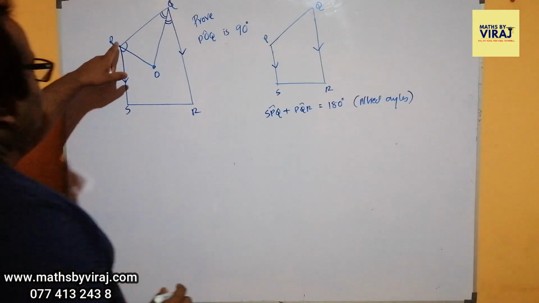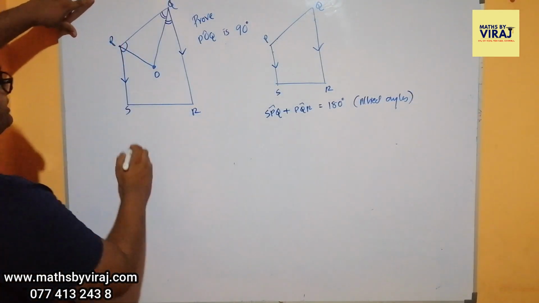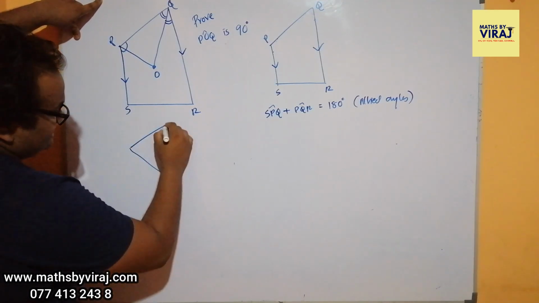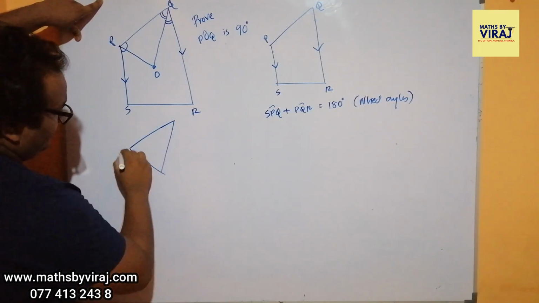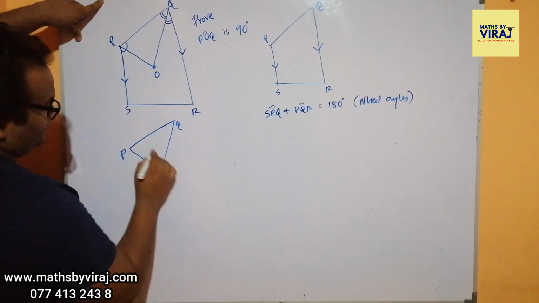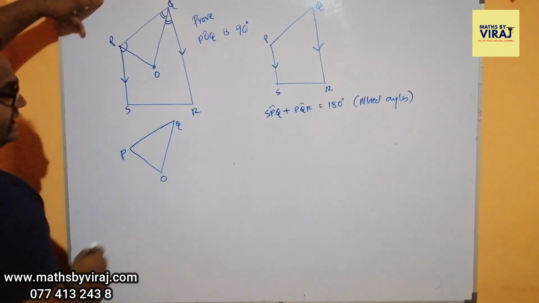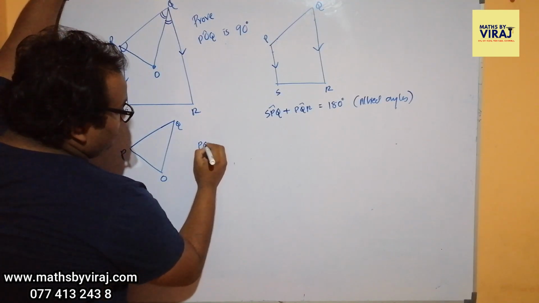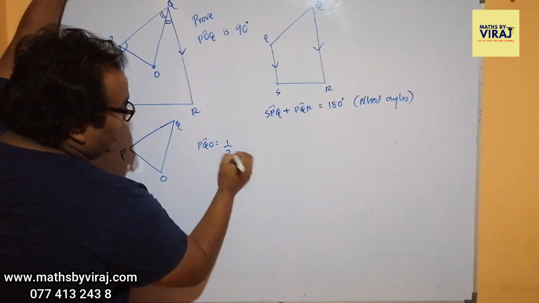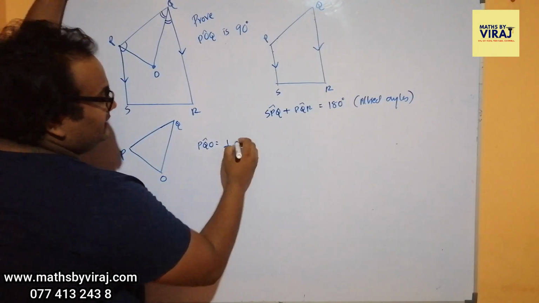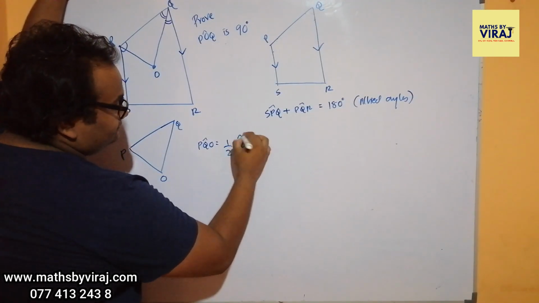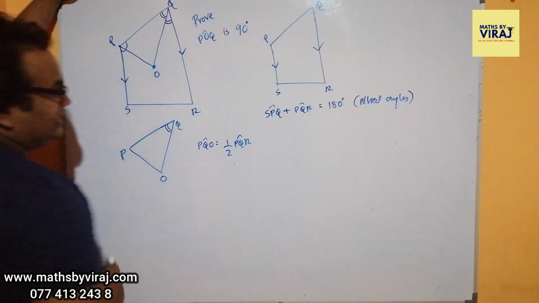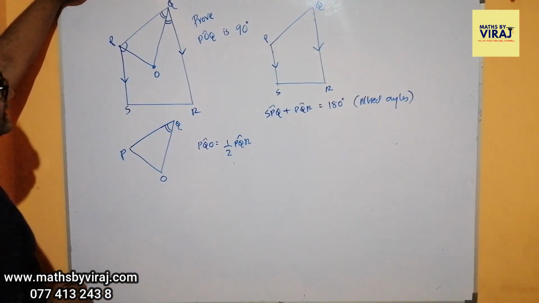Now children, if I consider the triangle PQO, I can say that angle PQO is half the angle PQR.